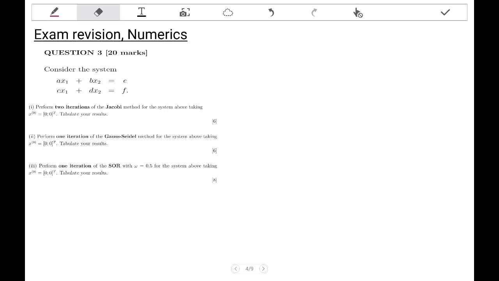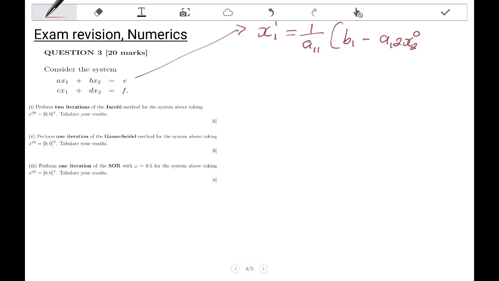So the algorithm of Jacobi is going to be like this. Since we have 2 equations, for equation 1 we're going to have x1 of 1 is equals to 1 over a1 open bracket b1 minus a of 1 2 x2 initial. So remember, the reason I'm putting 0 here as an exponent means I'm referring to the x2 initial, the given one as an initial, because this x initial is 0 and 0.